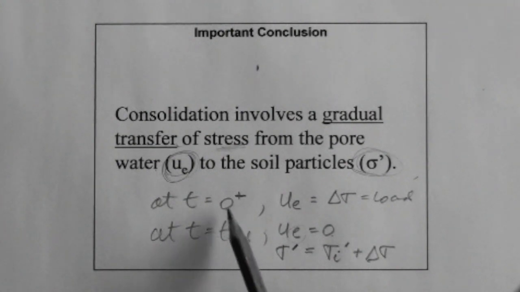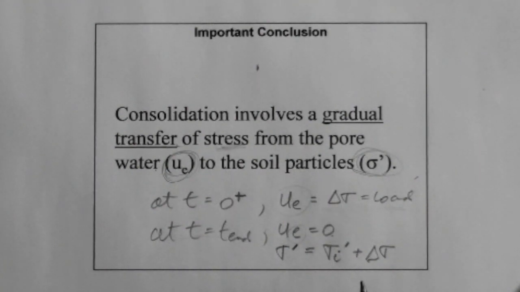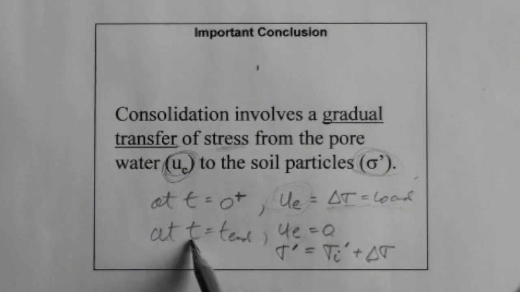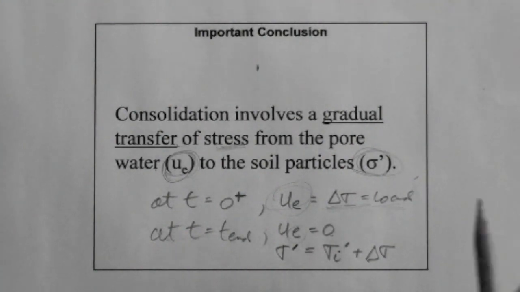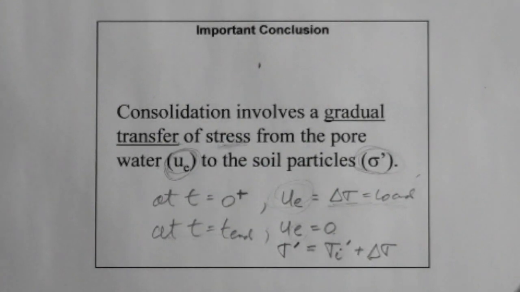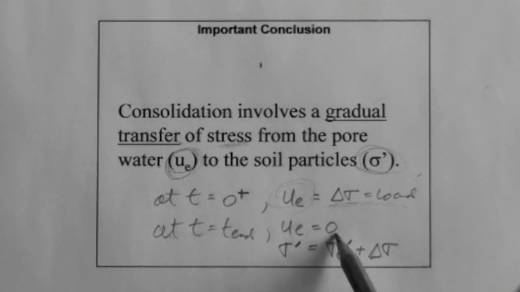At time equal 0, the excess pore pressure is the load, 0 plus, the moment where the load is placed. That incipient moment is 0 plus, and that's when the excess pore pressure is equal to the load. At time equal T end, which is at the end of consolidation, after the soil has compressed and the water has squeezed out of the voids for the soil to achieve that new configuration of fabric, then the excess pore pressure is 0 because the load has been transferred to the particles.